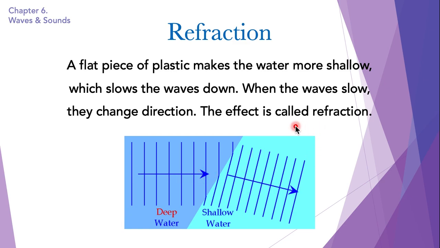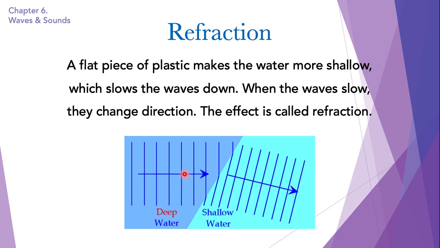But at this point we have put a piece of plastic in the water. Because of this change of material, the water becomes more shallow at this position, which slows the waves down. When the waves slow down, they change direction. As you can see over here, they were going straight, and then when the object came, they turned into this direction.